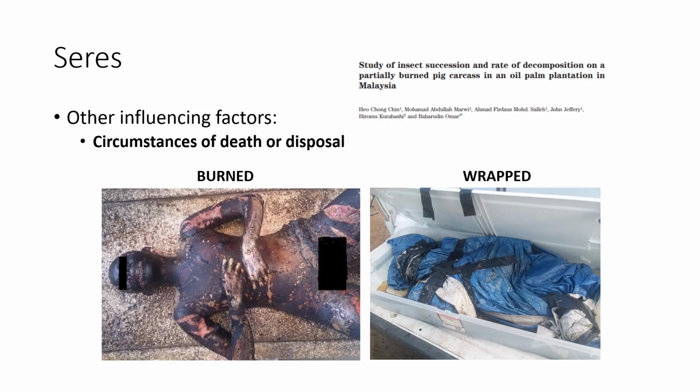And in situations where remains are attempted to be concealed, such as wrapped or buried or placed in different containers, it's going to create these additional barriers to entry that can prevent certain insects from having access to the remains or delay that colonization, interrupting how those successions will take place later on.